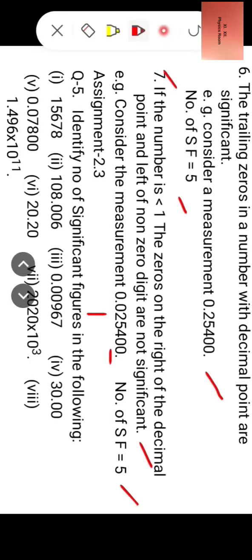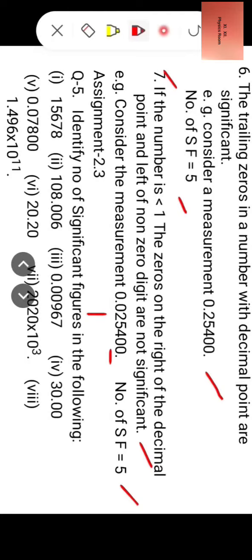Now assignment number 2.3 continued. Question number 5. Identify the number of significant figures in the following. Number 1, 15678. Number 2, 108.006. Number 3, 0.00967. Number 4, 30.00. Number 5, 0.07800. Number 6, 20.20.